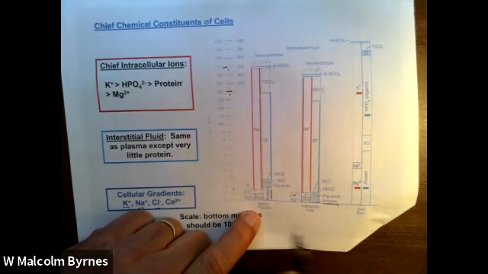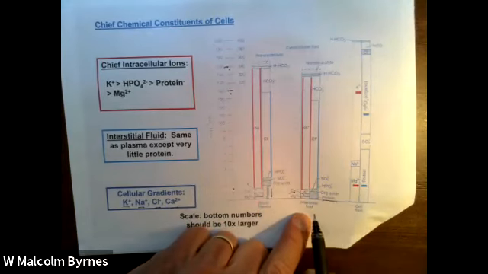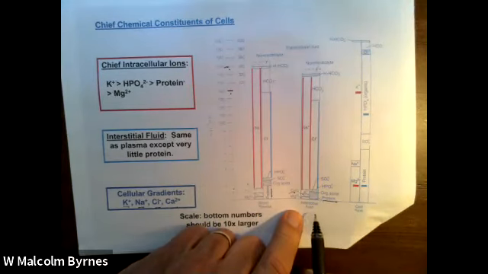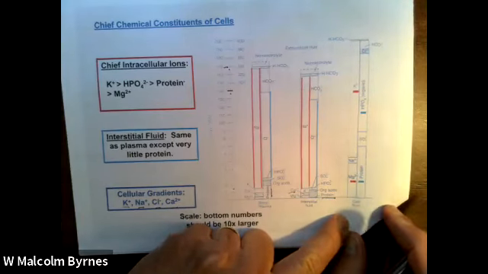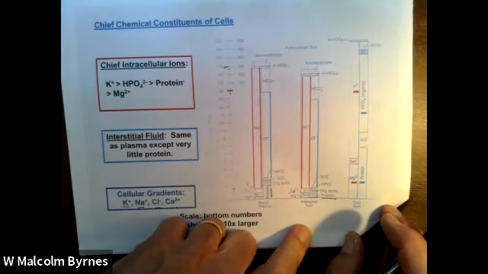So blood plasma on the left, in the middle, interstitial fluid, the fluid between cells and outside of cells, and on the right, the fluid, if you will, inside of cells, so the cytosol.